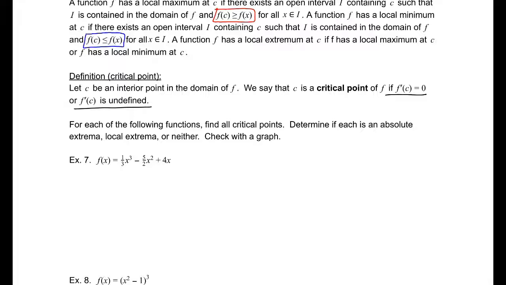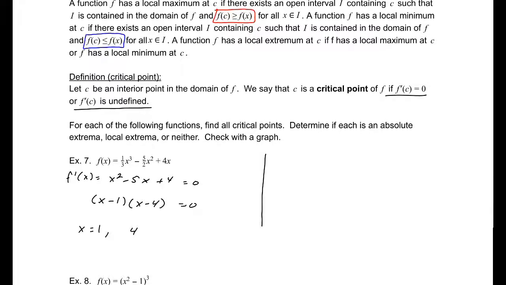So if I take the derivative of that function, that will be x squared minus 5x plus 4. Okay, now setting that derivative equal to 0, it's a quadratic that we can factor: x minus 1, x minus 4, which means we have x equals 1 and 4. So we have two critical points, 1 and 4. Now we're not given a closed interval here, so those are the only values we need to check.